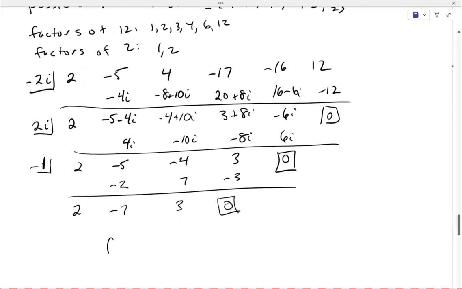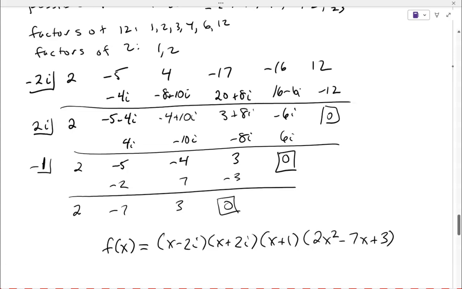So far, what does the factorization of f of x look like? Good. And that last piece is going to factor just from what we saw before.